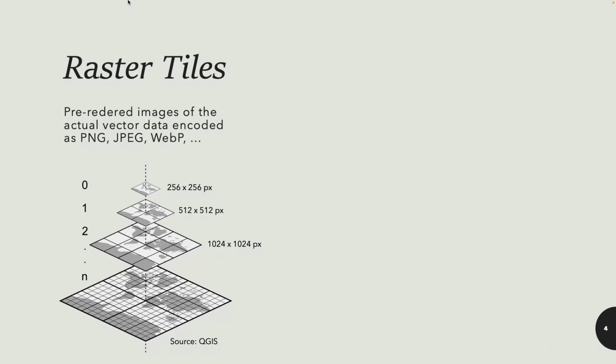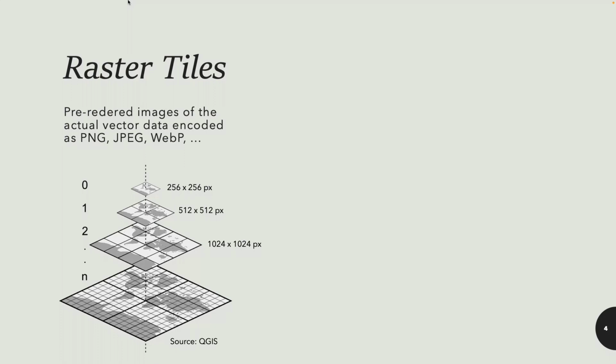So the question is, why is OSM now also adding support for vector maps in addition to raster tiles? Which advantages do vector tiles have over raster tiles? In the following, I want to give you first a short introduction of raster versus vector tiles and show you the advantages and disadvantages of both approaches. With raster tiles, which have been used for many years in OpenStreetMap, you have basically pre-rendered images of the actual vector data.